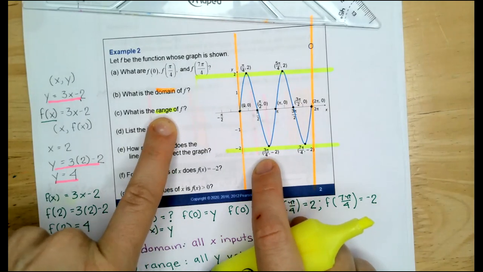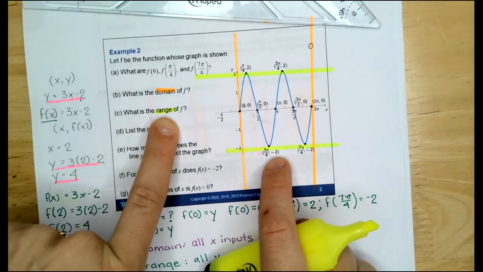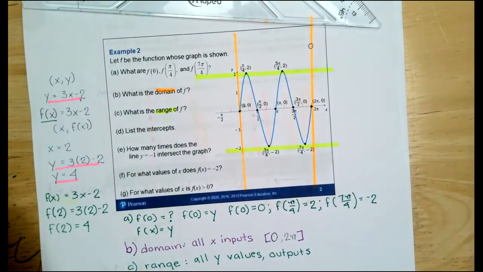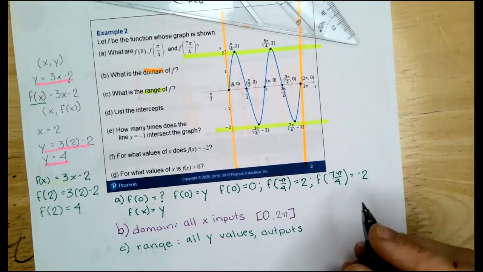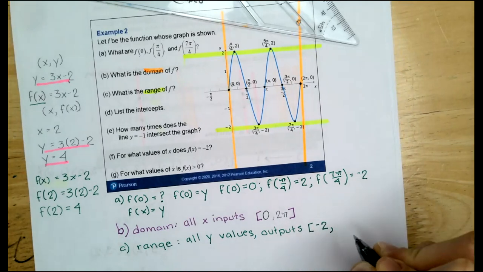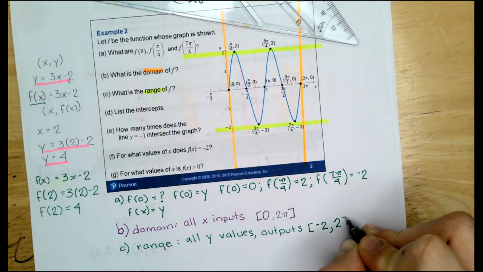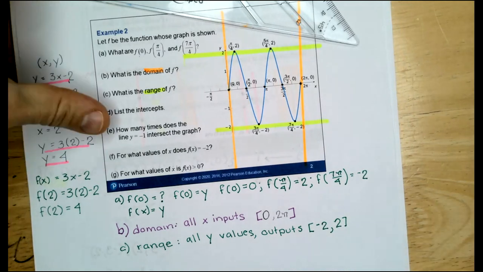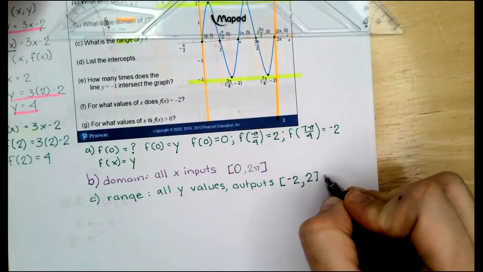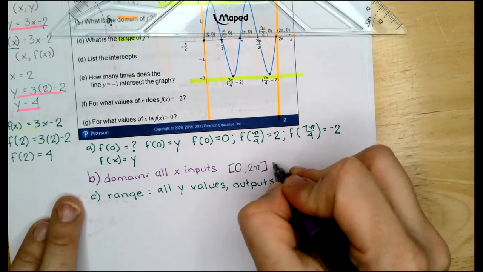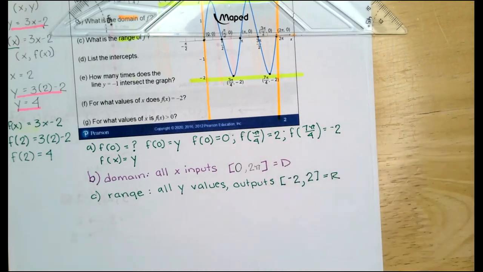So my y value is not 3 pi over 4, that's my x value. My y value is -2. And up here, my y value is +2. So my range, all possible y values, is just from, start with the smaller number, -2 inclusive to +2 inclusive. Okay? So that's the answer to C. Oh, sorry, I should be putting that that's the range, and then that is the domain.